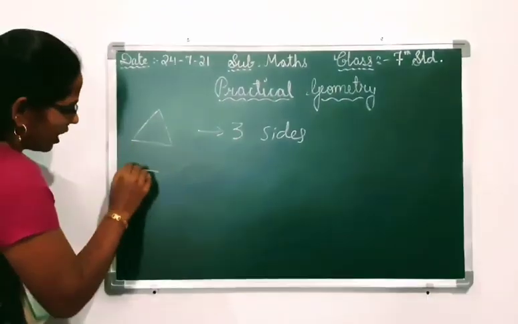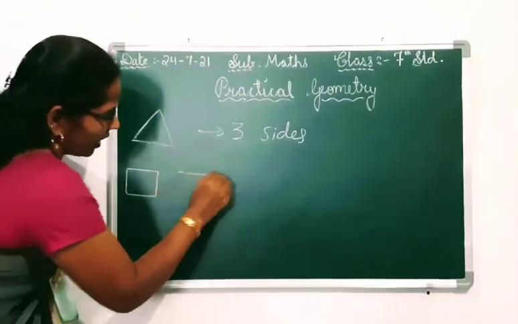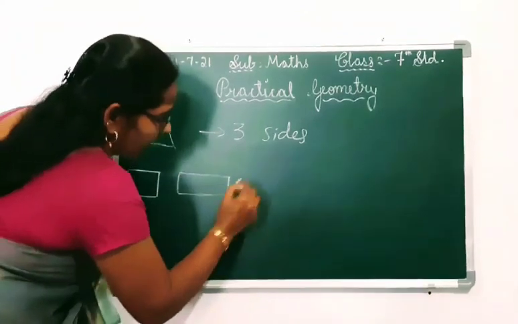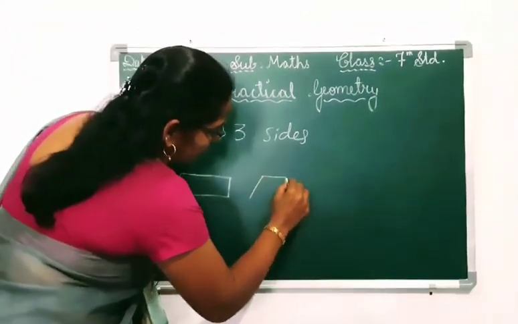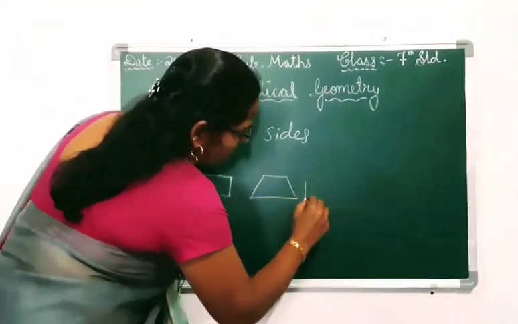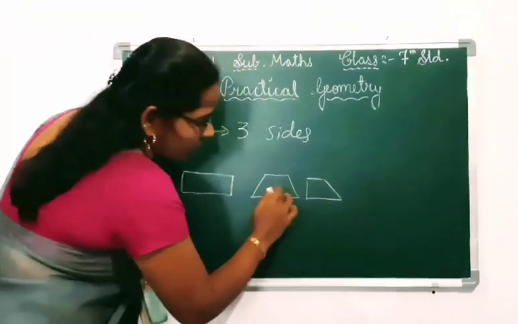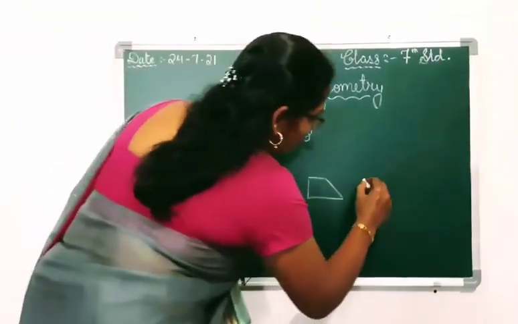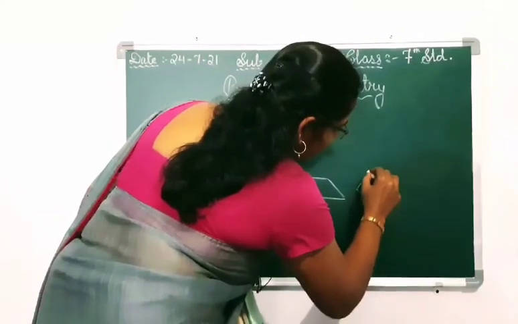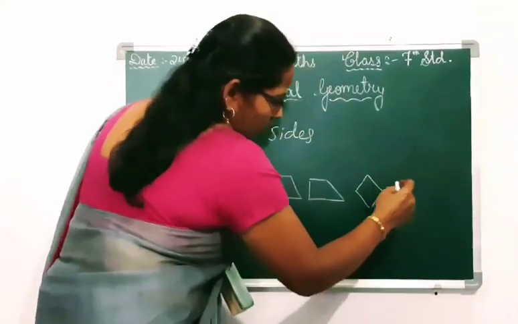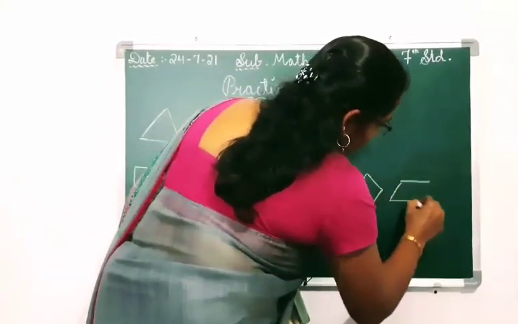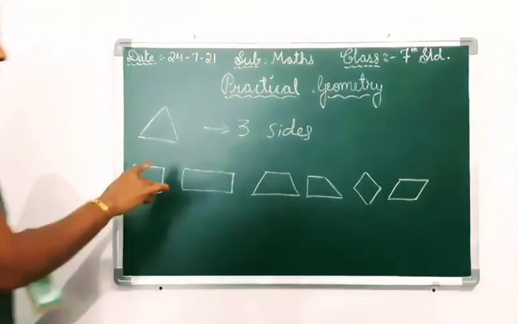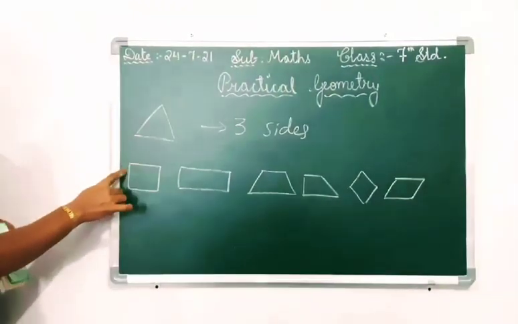Then next, examples: square, rectangle, trapezium. There are 2 types of trapezium you can observe. Then kite, rhombus, or parallelogram. You can observe these figures: 1, 2, 3, 4.